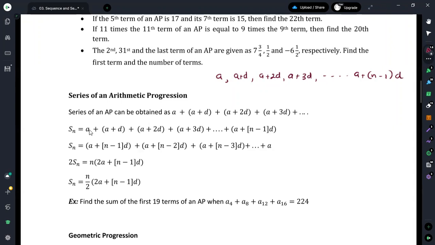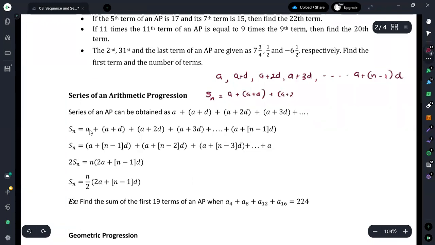If you define the series as Sn, where S is for the series and n is the number of terms in the series, then we can write the series of the arithmetic progression as a, plus a plus d, plus a plus 2d, plus a plus 3d.